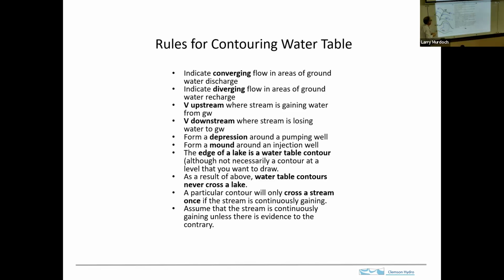And this stream may go around and have a circuitous path, and when you go to draw in the contours, it may be tempting in places to have the contour cross the stream again.